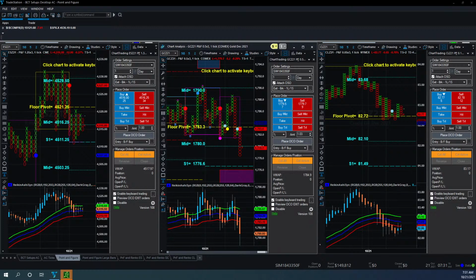Gold finding some resistance or some support at the 200 in the 30s and coming back up a little bit.